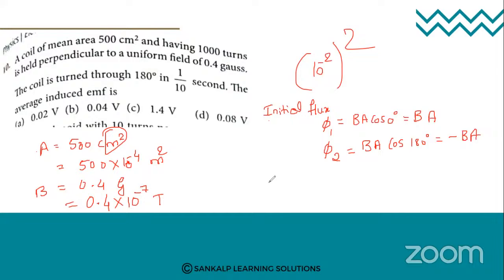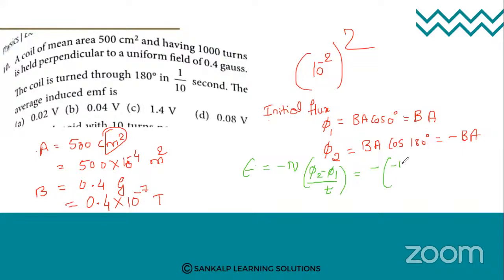Then next, the average induced EMF is equal to minus N into phi2 minus phi1 upon T. So which is equal to minus into bracket.